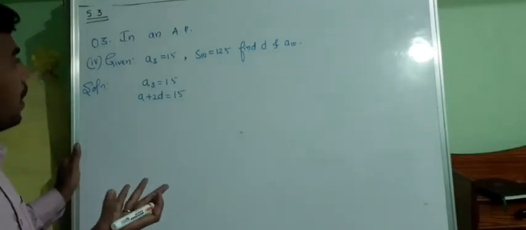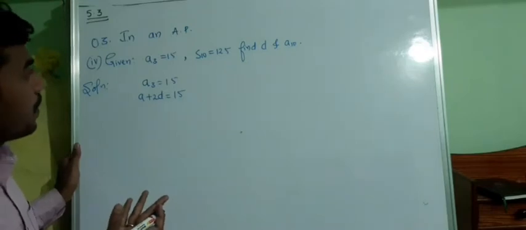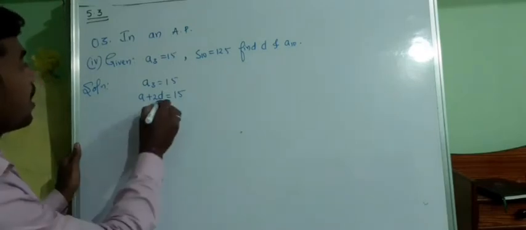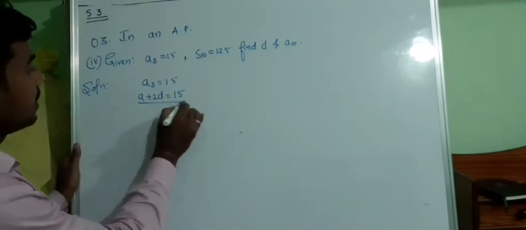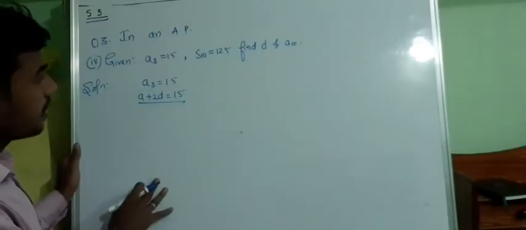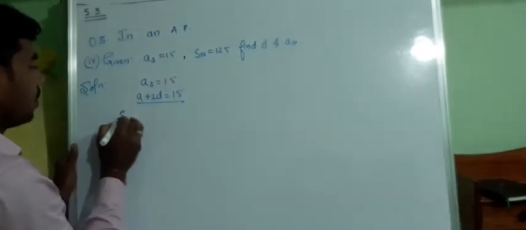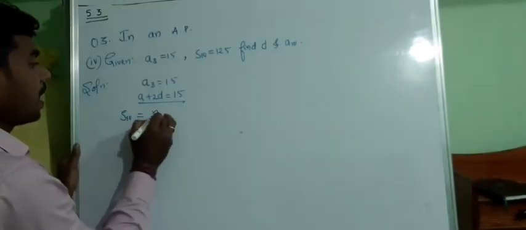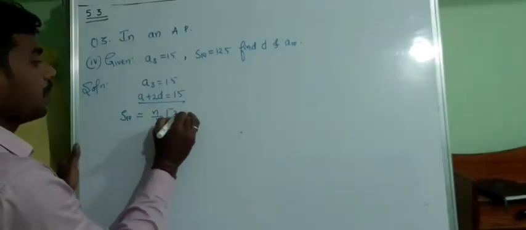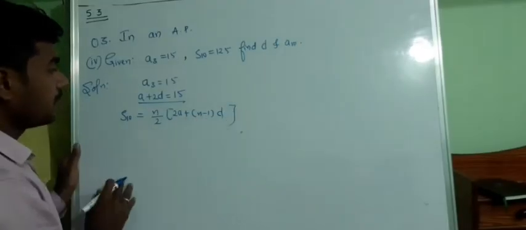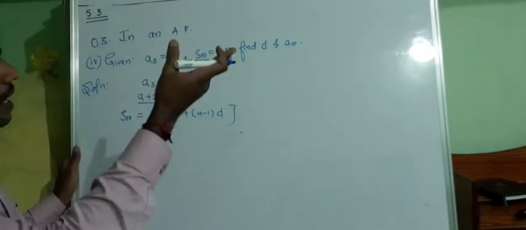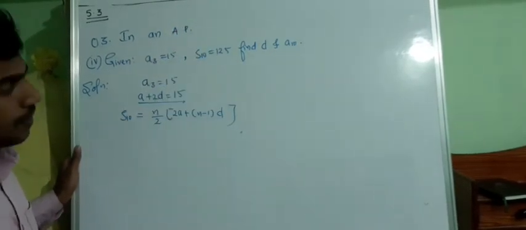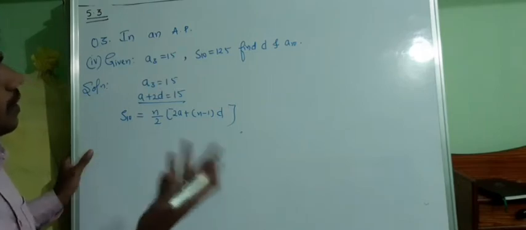Neither do I know A nor N, nor D, so it's of no use. I'll keep it as it is. I'll make use of S10. S10 is equal to N by 2, 2A plus N minus 1 into D. So we'll get two equations. We need to solve those linear equations. Then we'll get D and A. Through D and A, we need to calculate A10.